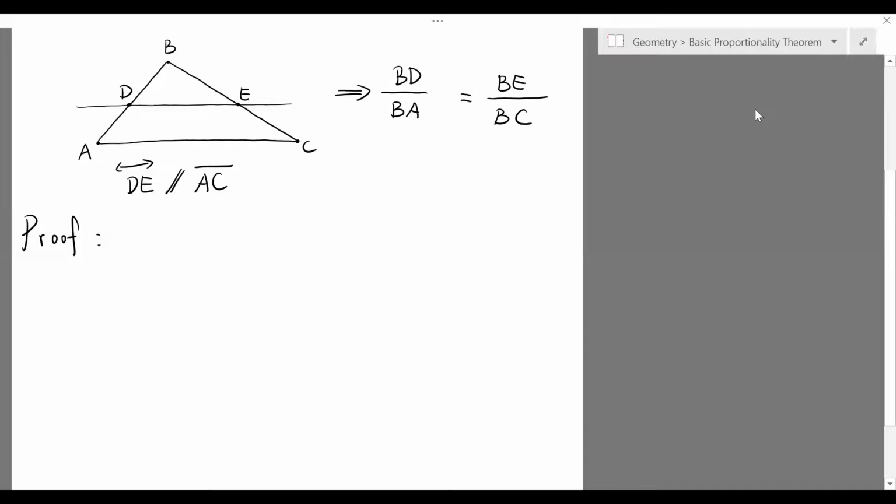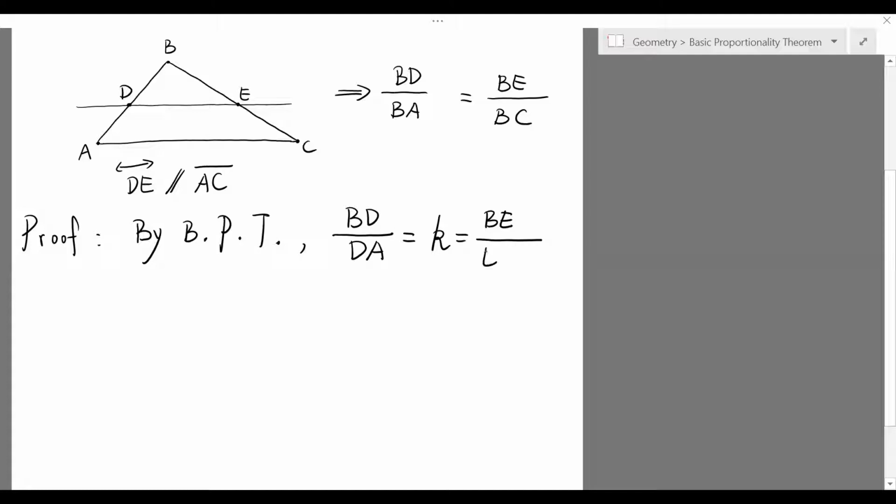The first observation is, by the Basic Proportionality Theorem, BD over DA is equal to some scalar k, which is the same as BE over EC.